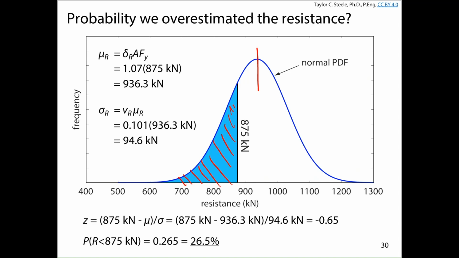We calculate a value using nominal strength, nominal material and geometric properties, and an equation that's given to us. There is a distribution of possible answers. We're getting one possible answer, and there's a probability we're underestimating and a probability we're overestimating. We want the probability that we're overestimating to be as low as possible.